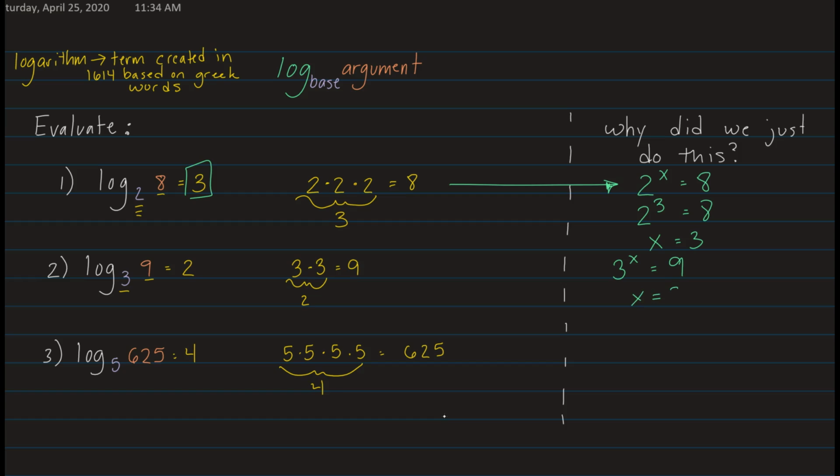So here x is 2. And then lastly, another way to write number 3 is 5 raised to the x power is equal to 625. So we ask ourselves, what power do I raise 5 to be 625? You raise 5 to the power of 4 to give you 625.